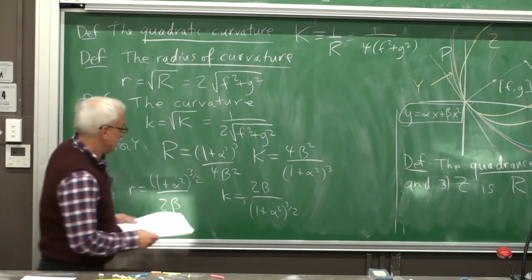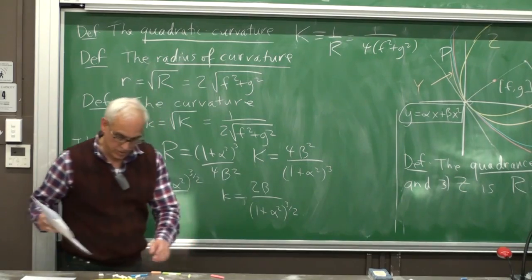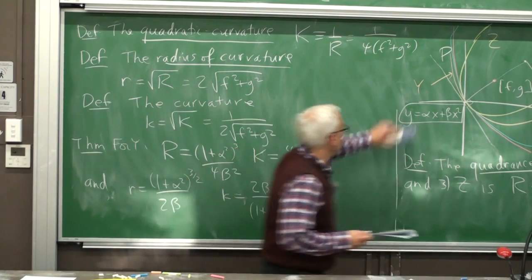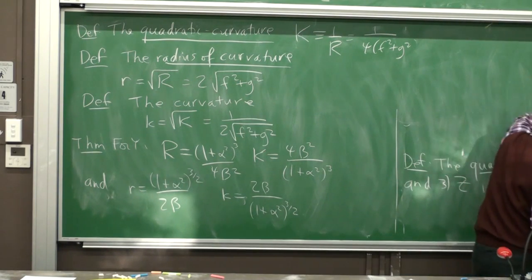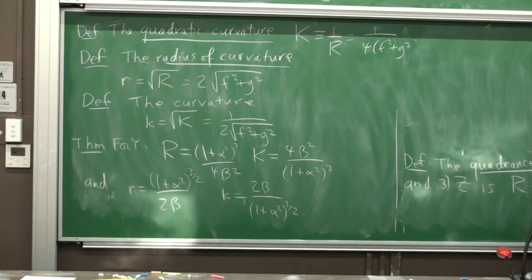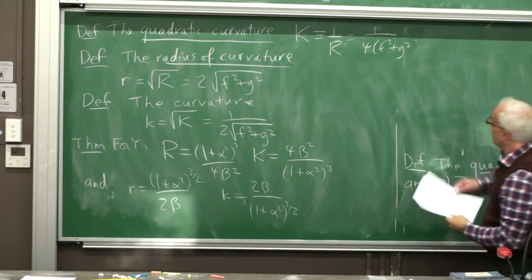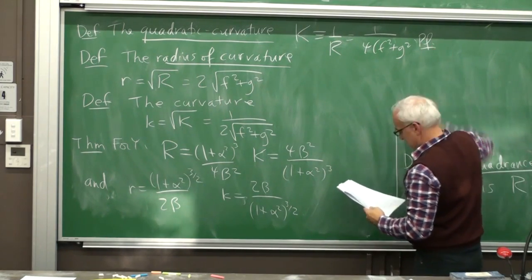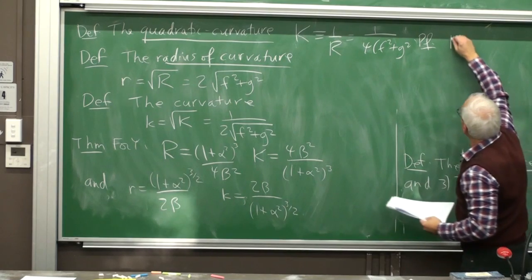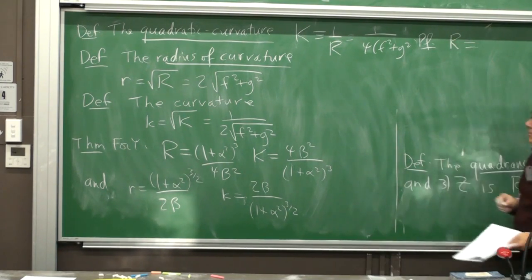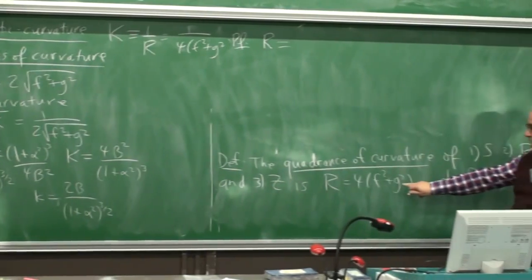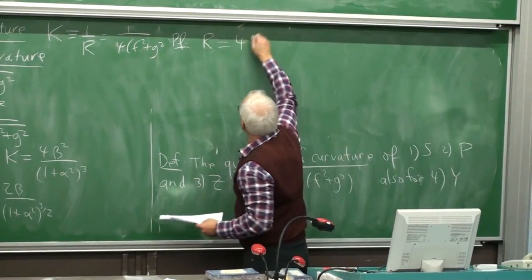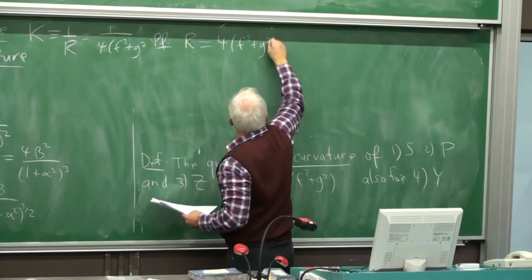All right, so let's see if I can prove this. I can probably dispense with this diagram now. We've gotten that. So the proof. Well, we defined our quadrance of curvature right over here to be 4f squared plus g squared.